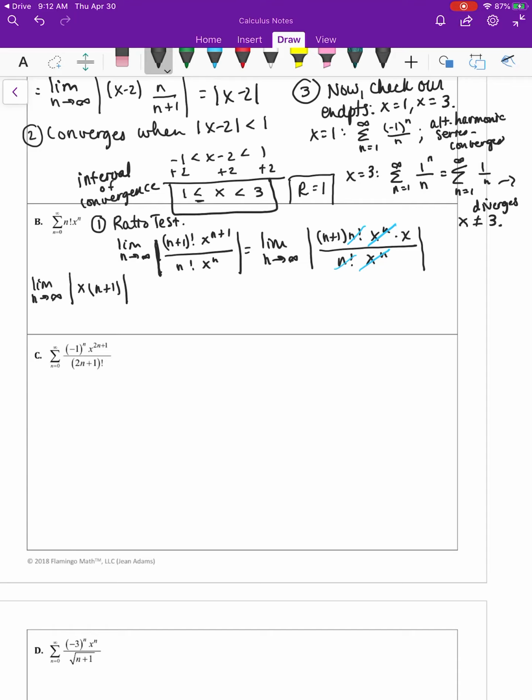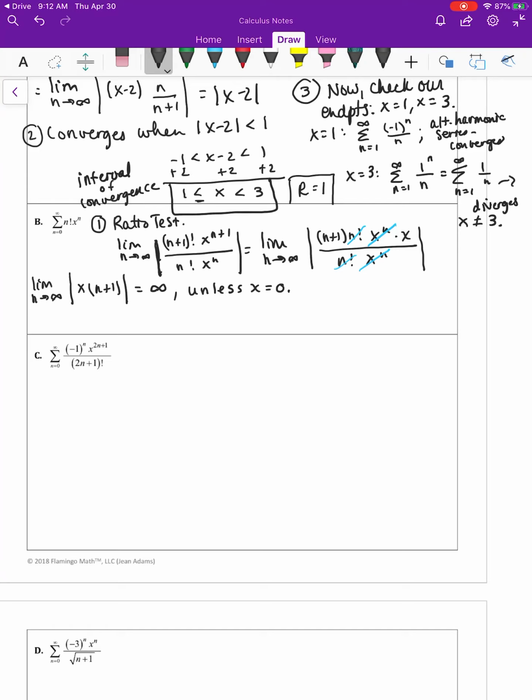Again, since your x doesn't have an n in it, you could bring that out front. So we're really just looking at what happens to n plus 1 as n goes to infinity. You're going to get infinity. The only way that you wouldn't is if x were 0.